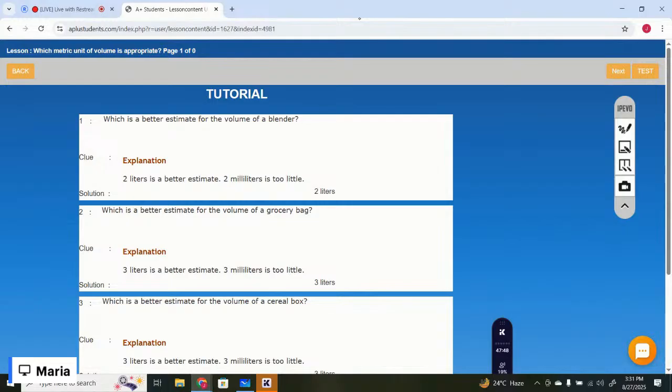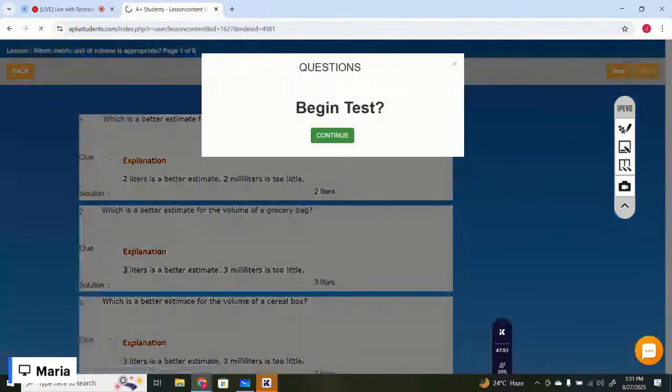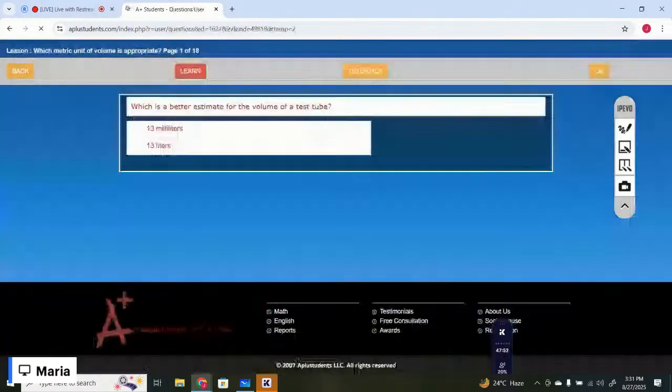Let's just start with the test questions. Which is the better estimate for the volume of a test tube? It would be 13 milliliters. Option number 1 is the correct option.